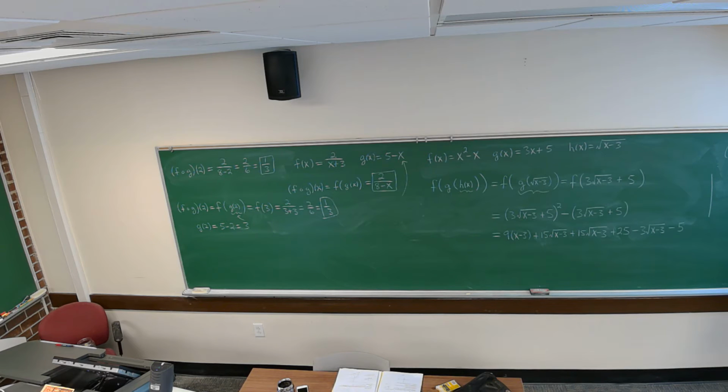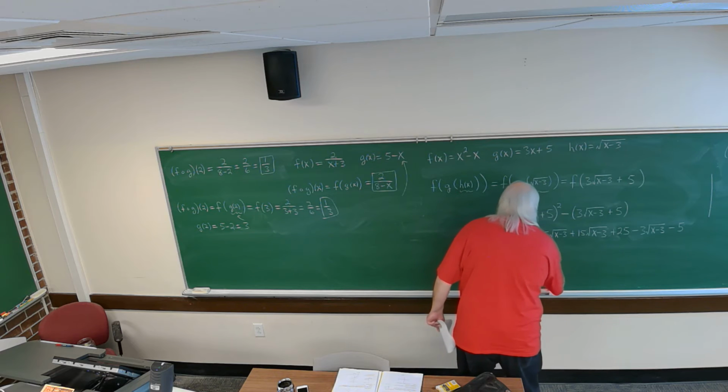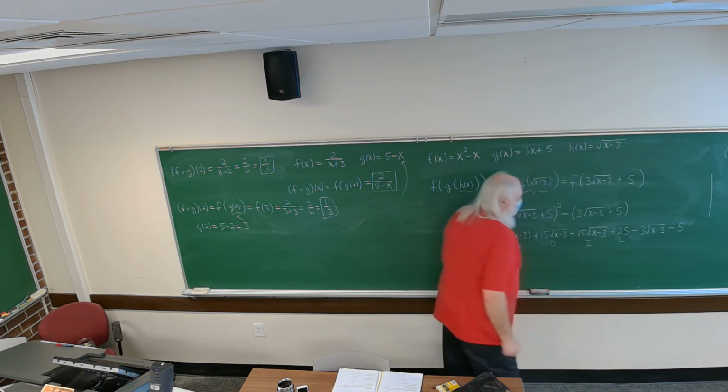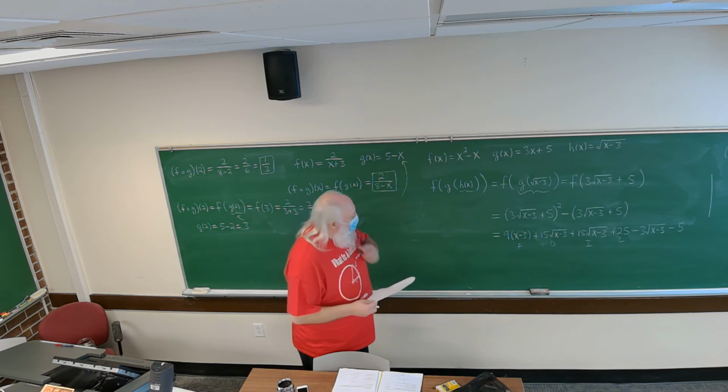Then the 15: you do the outer, 5 times 3, and the inner, 5 times 3. And then the last, 5 times 5 is 25. So all I did was FOIL. That's all I did.